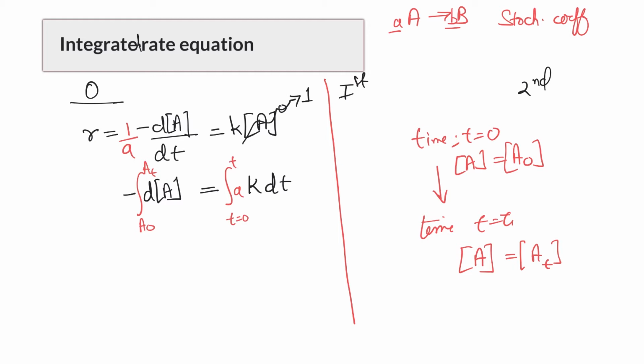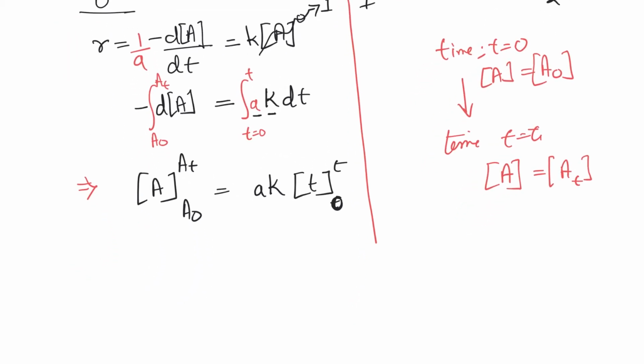Okay. Now, the integration results in something that is going to look like A, and to apply the limits, the result of the integration is simply A, and you have to run from At to A0, and a and K, they are constants, right? So constants don't integrate, they just simply come out, and that will run from 0 to t, right? And don't forget the negative sign there, right?